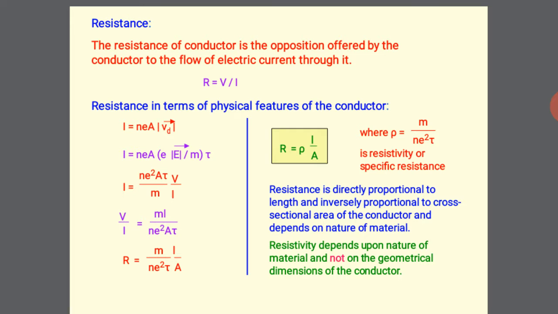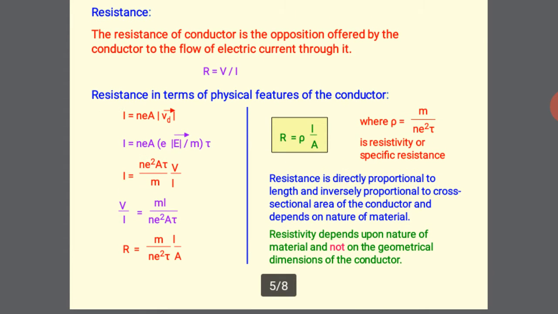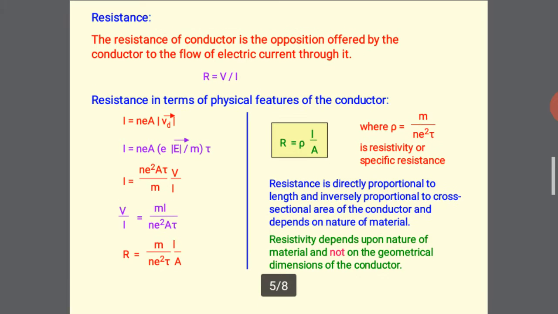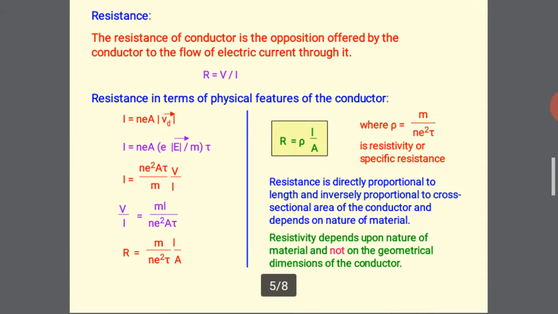So R = (m/Ne²tau) L/A, and rho = m/Ne²tau is called resistivity or specific resistance. From this formula R = rho L/A, we can conclude that resistance is directly proportional to the length and inversely proportional to the cross sectional area of the conductor and depends on the nature of material.